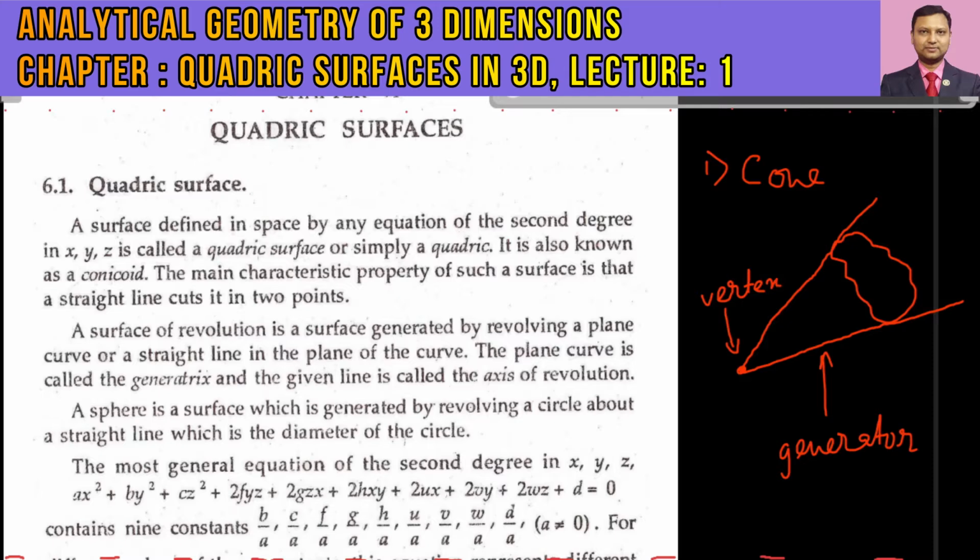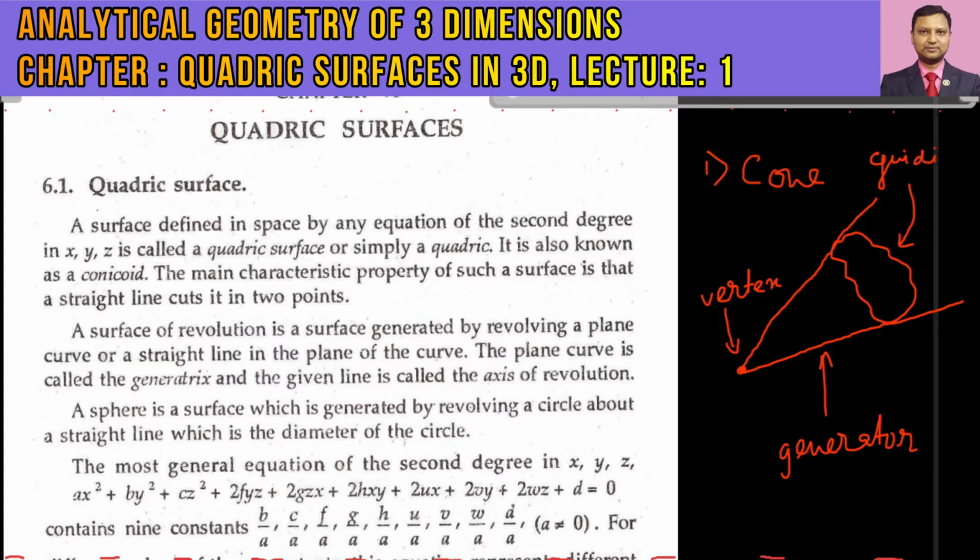And this curve is called the generating line, not generating line, I made a mistake, the name of this curve is the guiding curve.